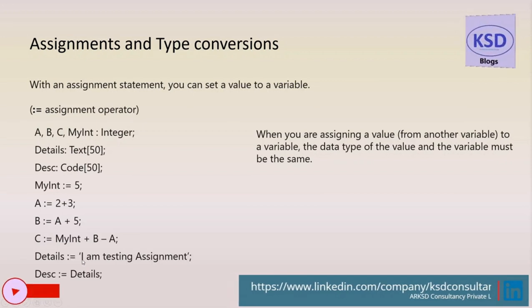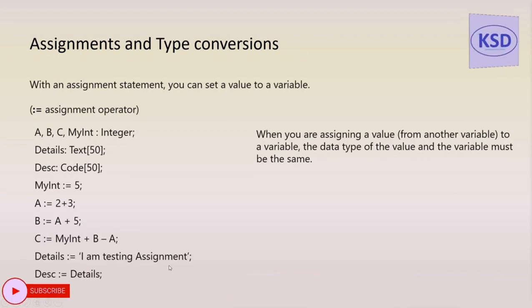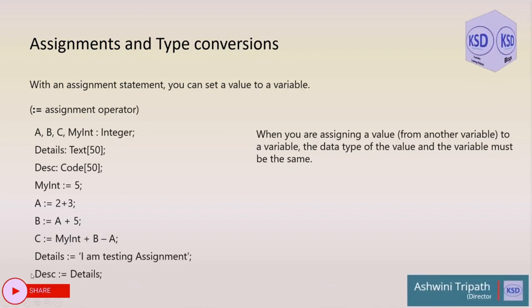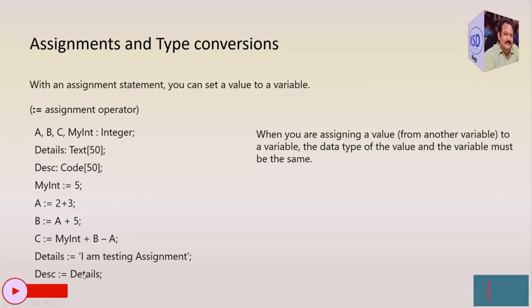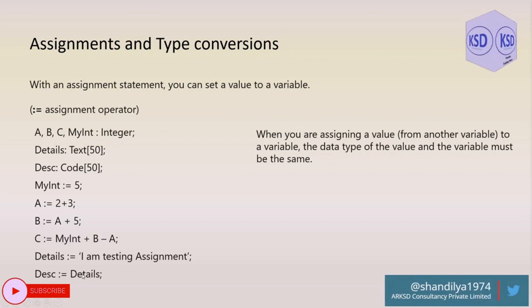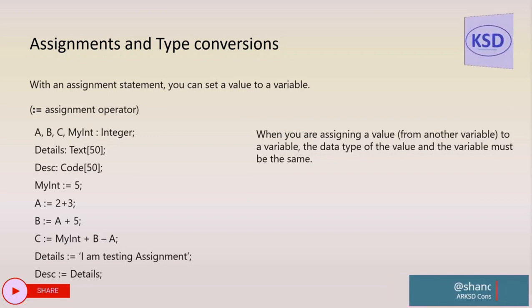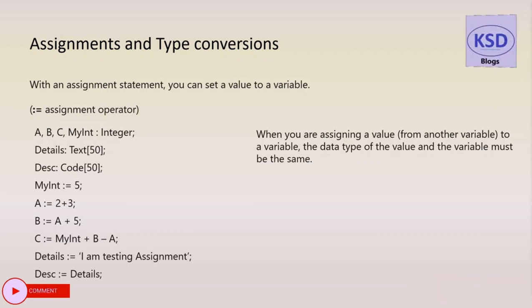For details, I am assigning the text 'I am testing assignments'. And then in description, I am assigning the value of details. Here, this is a code type and this is a text type. When you are assigning a value from another variable to a variable, the data type of the value and the variable must be the same.